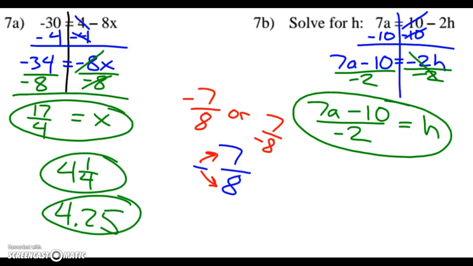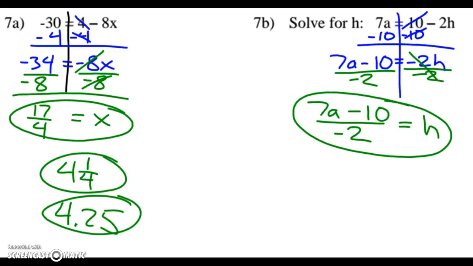Either one is negative and it's the same. So the same goes for this answer. The negative, I could take it from the 2 and bring it up top, so it would look like this instead. However, the whole thing would have to be negative, so that's what the parentheses are for.